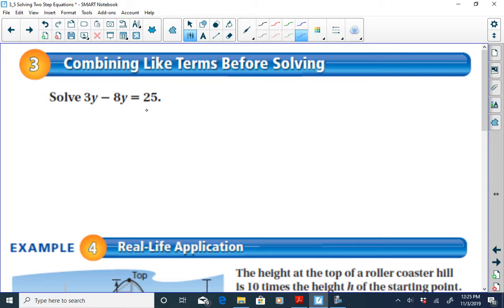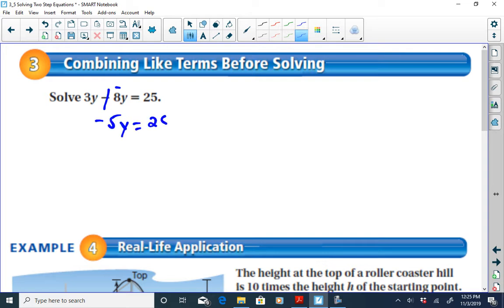Right, this next example here, we have like terms and like terms have the same variable to the same power, and they're on the same side of the equation. So before we start using our inverse operations, I want to simplify the left side of that equation by combining the like terms. 3y minus 8y, that's going to be negative 5y, or if I add the opposite, it's 3y plus negative 8y, negative 5y.